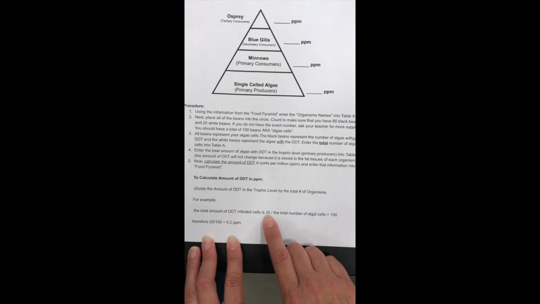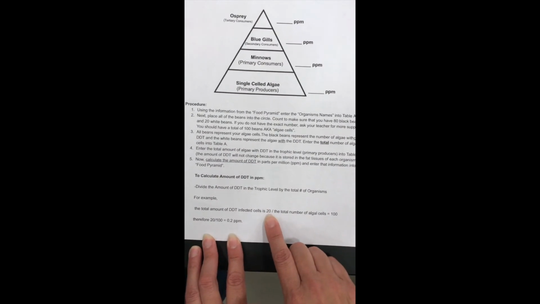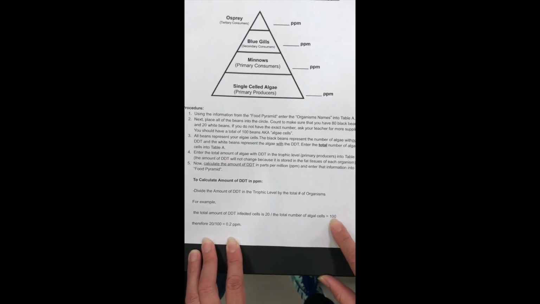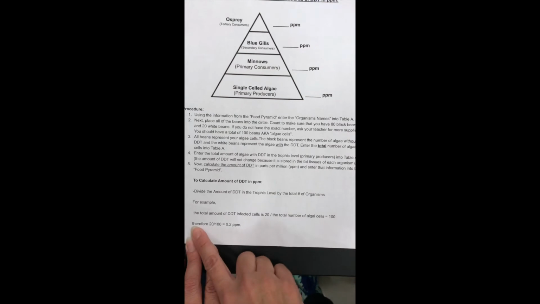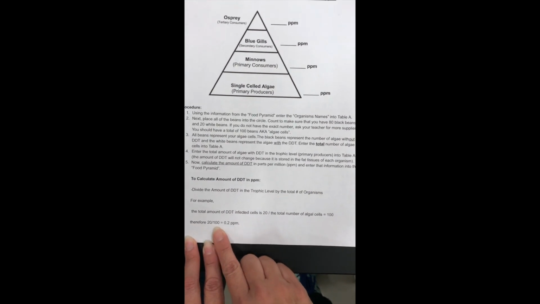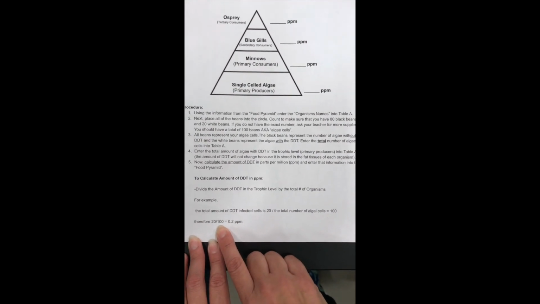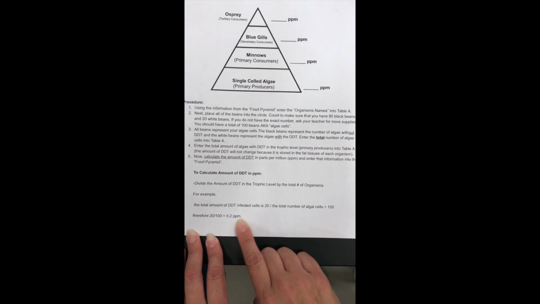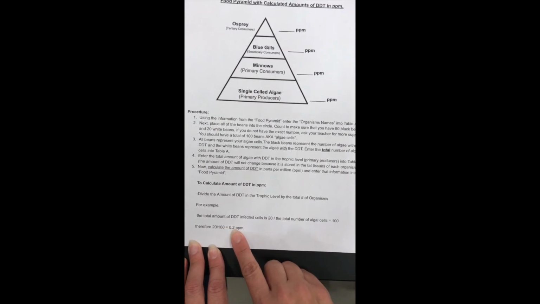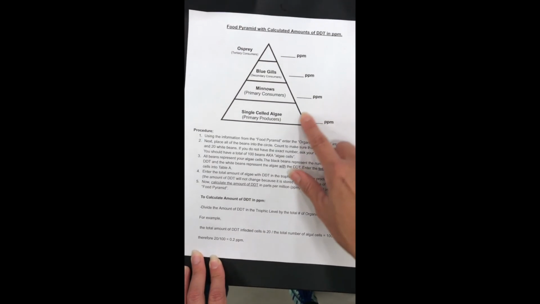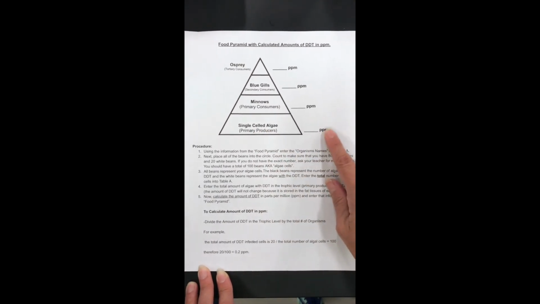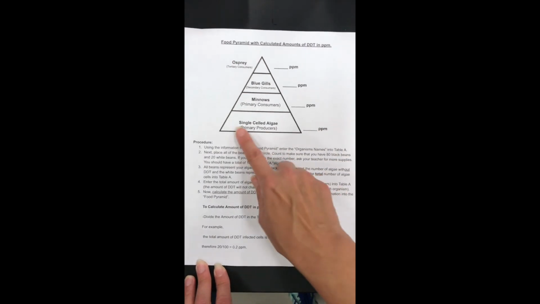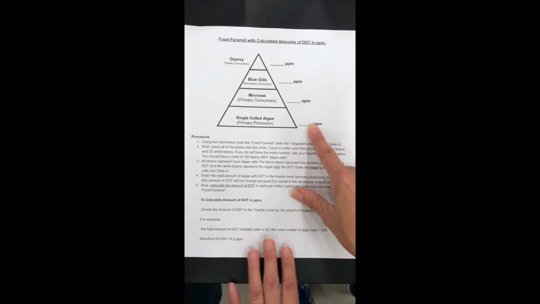You have 20 cells that are infected with DDT, and you're going to divide that by the total number of algae cells, which is 100 because you have 100 beans. Okay? So therefore, 20 divided by 100, you can just enter that into your calculator, equals 0.2 parts per million. So you take this number, 0.2 parts per million, and you're going to enter it right here in the very first trophic level. So that's the amount of DDT, 0.2, that is in the very first trophic level, okay?